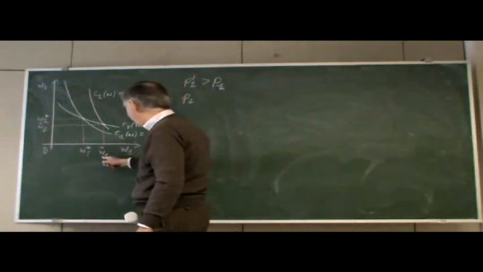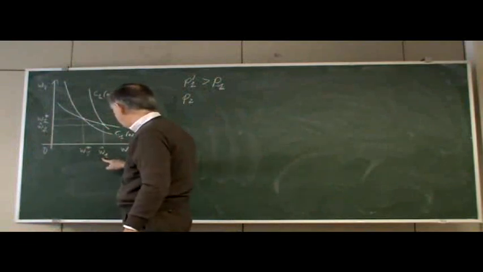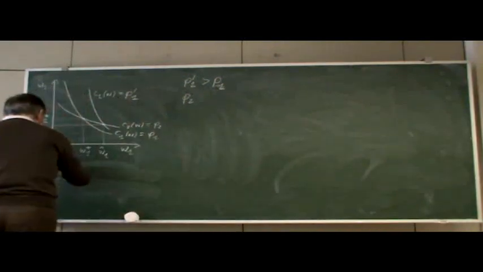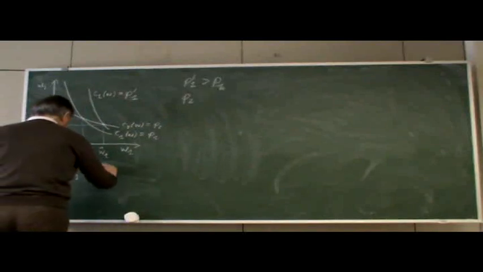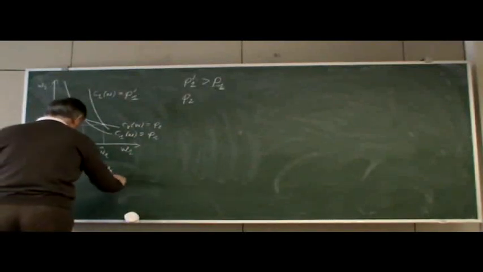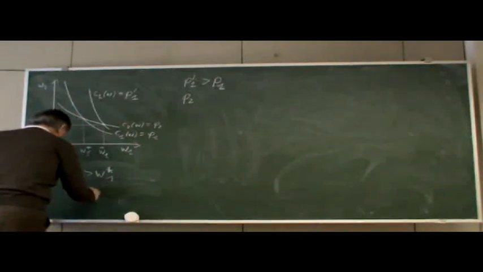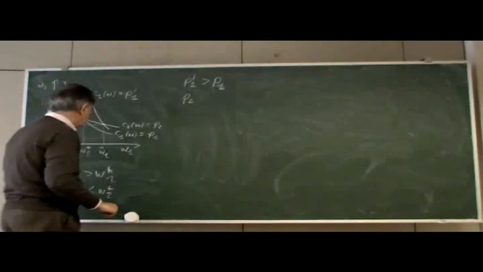But what is the consequence? Note that the equilibrium factor price vector changes this way. The equilibrium price of the first factor, labor, increases, while the equilibrium price of the second factor decreases.